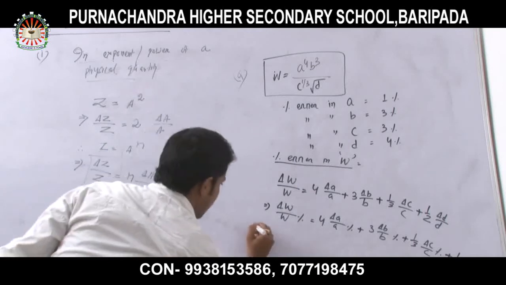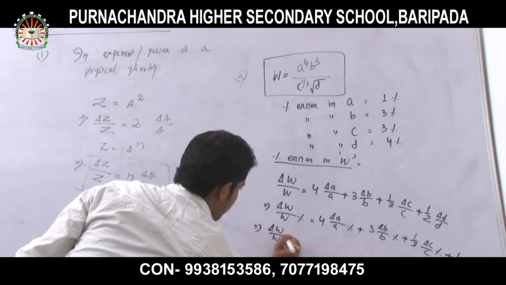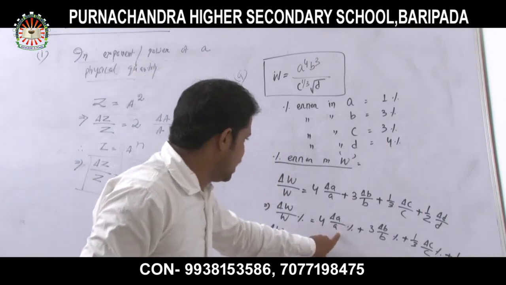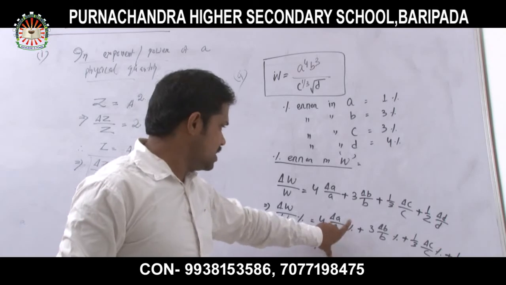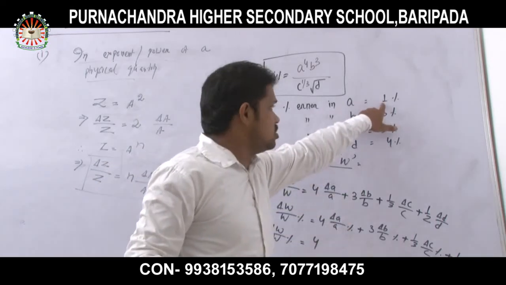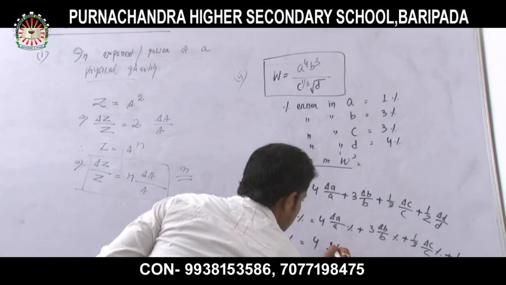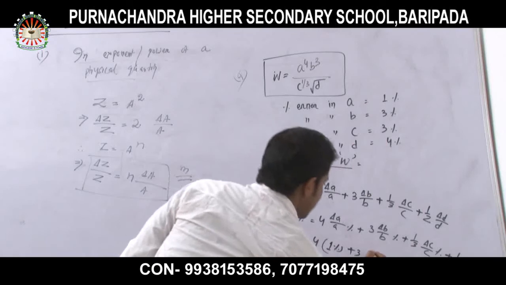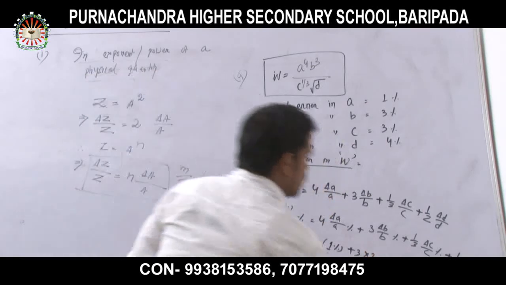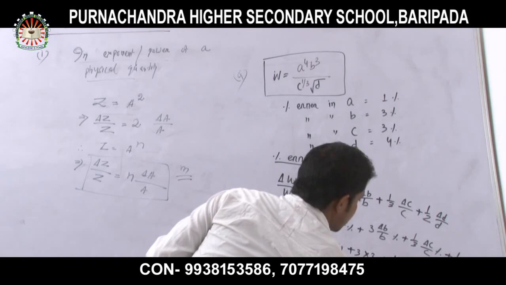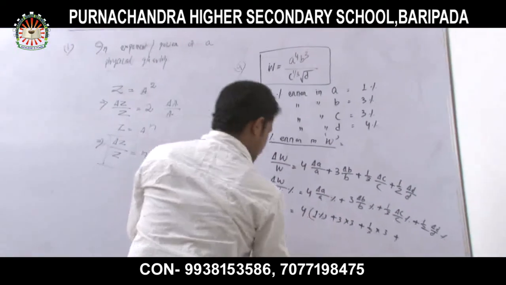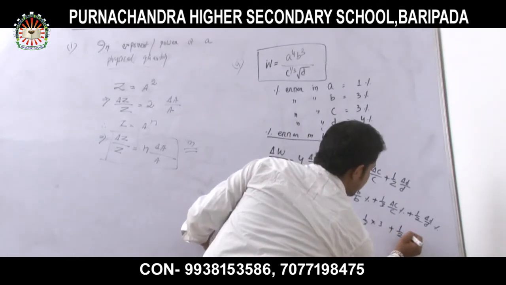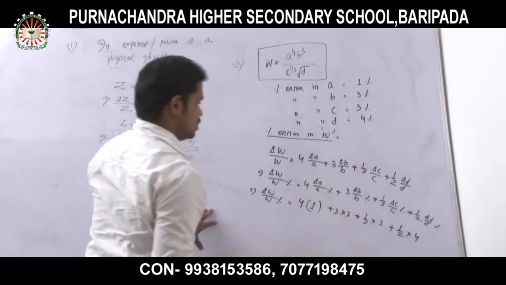So that implies del W by W percentage is equal to, let us put the values. So del A by A is the percentage error. Percentage error is given as how much? So 1%. Very simple. Plus 3 del B by B, 3%. C, 3%. And lastly 1 by 2 del D by D, 4. So let us solve it.